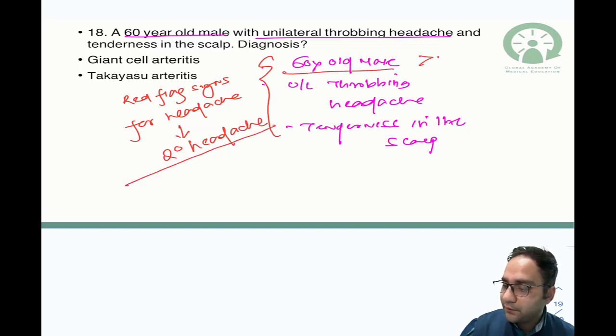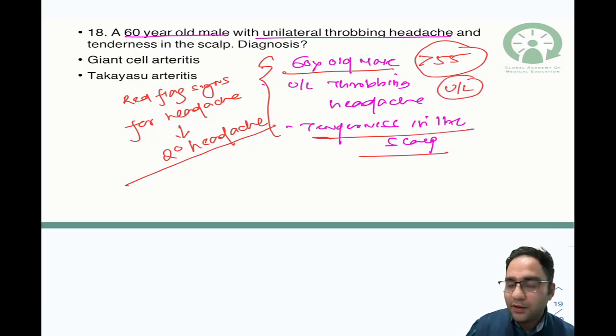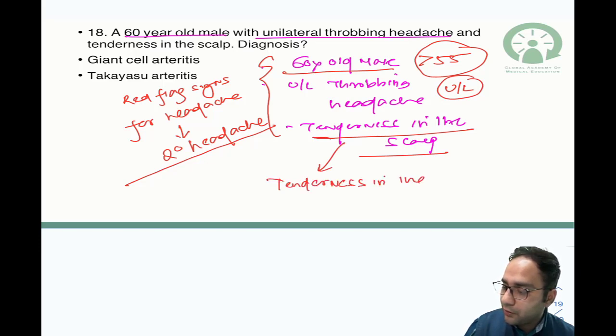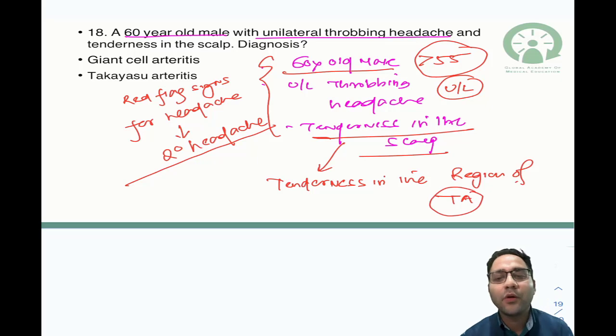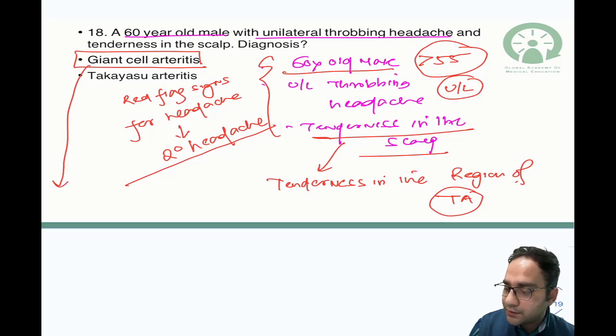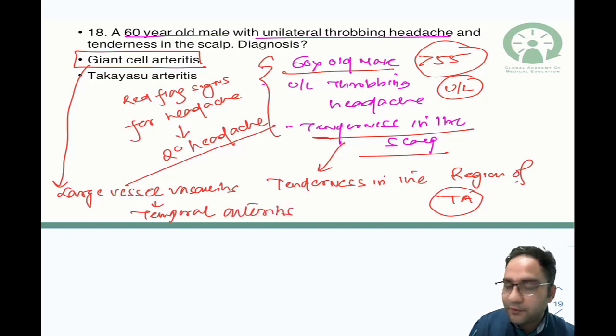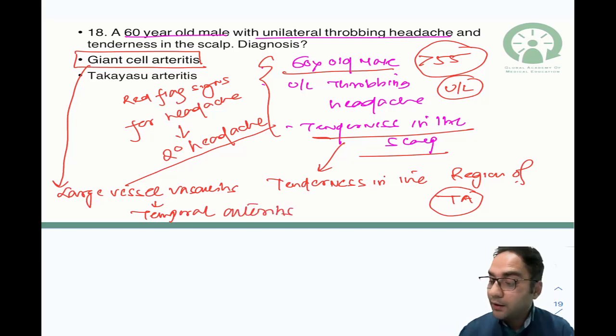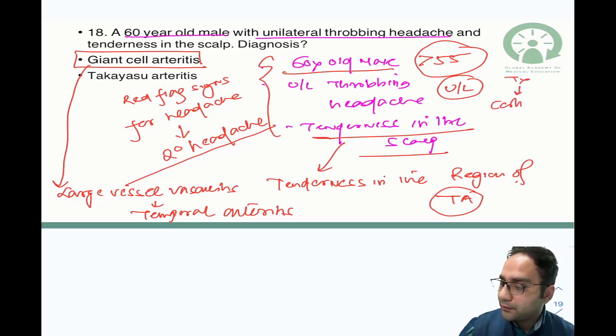So age more than 55, a unilateral headache with tenderness in the scalp. What they are trying to show is that this patient has tenderness in the region of the temporal artery. So your answer would be giant cell arteritis. It is a large vessel vasculitis. The other name for it is temporal arteritis. Okay. The treatment here would be corticosteroids.